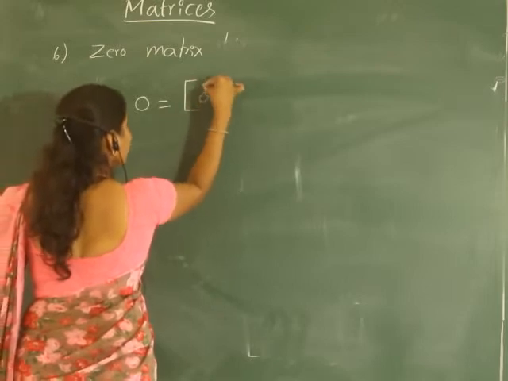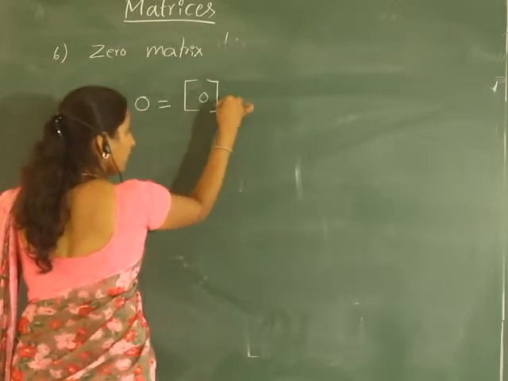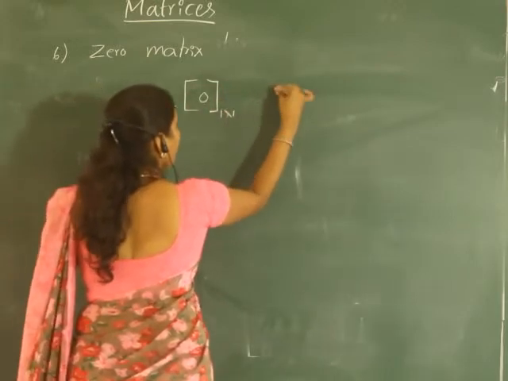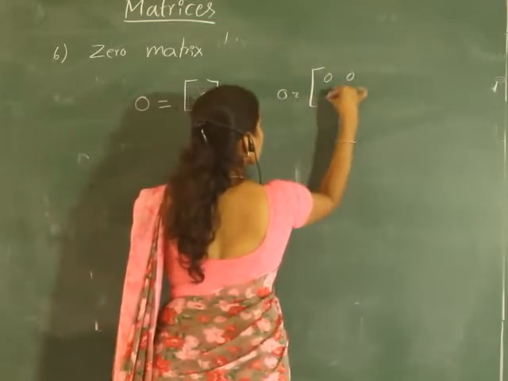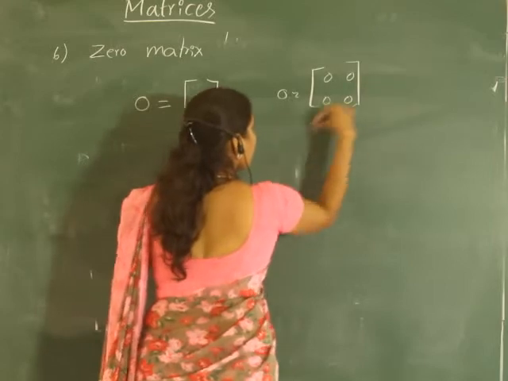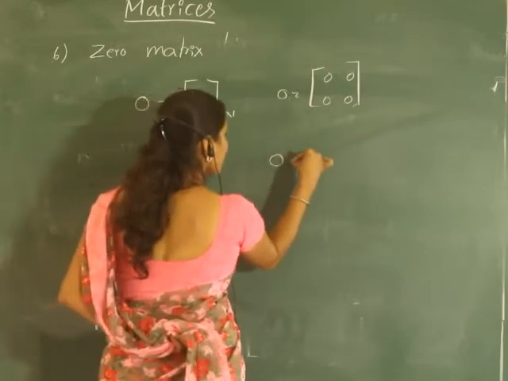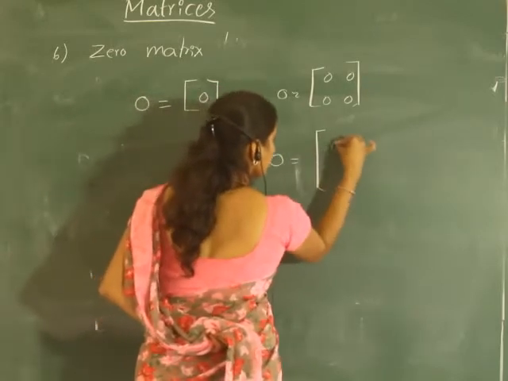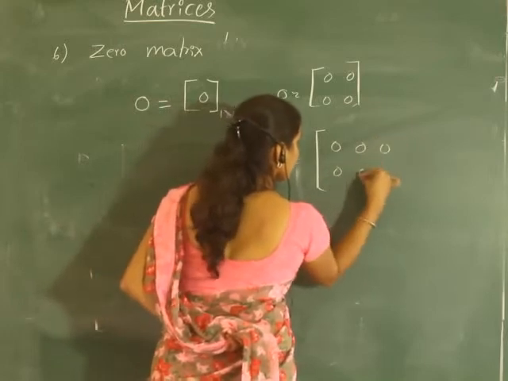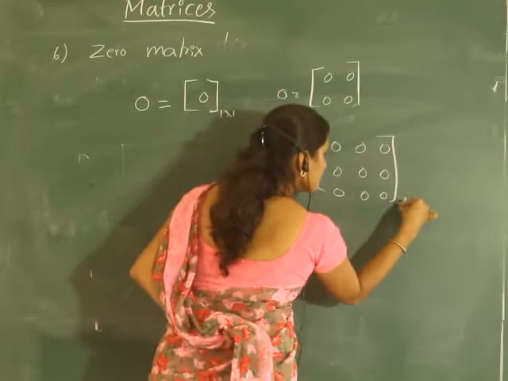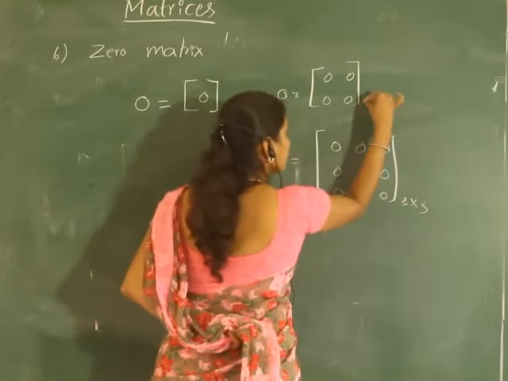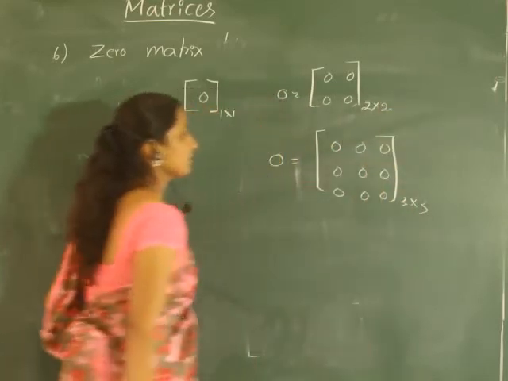So we can define it in terms of a 1 by 1 matrix, or we can define 2 by 2 also. That means all the elements are zeros. We can define 3 by 3 also, where all the elements are zeros. So this is 3 by 3 and this is 2 by 2.